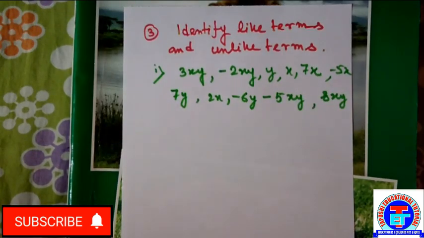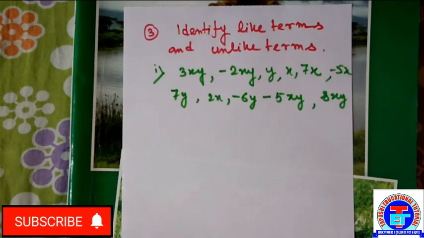Hello student, here it is given: identify like terms and unlike terms, right? We already learned a term is a constant or a variable or a combination of both connected by multiplication or division, right? These are the terms.